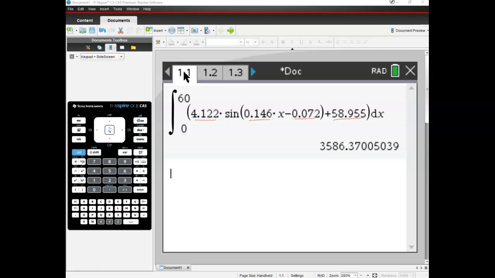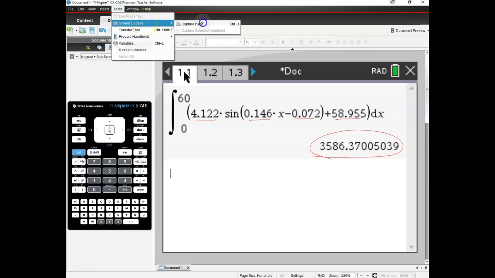And if I use the rounded numbers and approximate the integral from 0 to 60, I'm finding out there's about 3,586.3705 gallons being pumped.